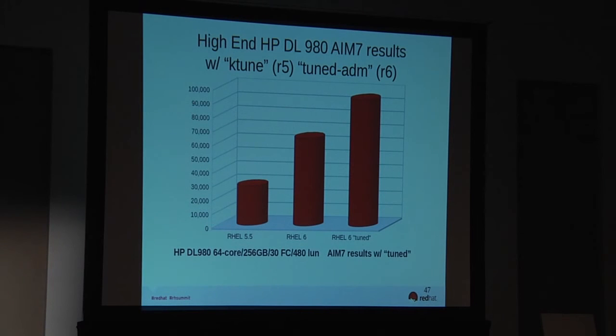Just a brief example. In this example, the left-hand column is the number of simultaneous processes doing I/O to, I think, 480 LUNs on a system.